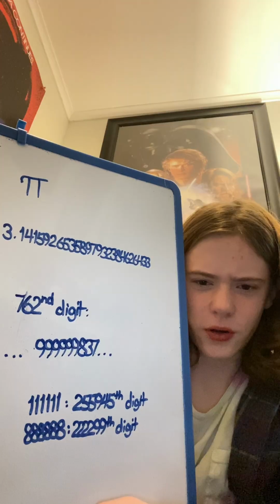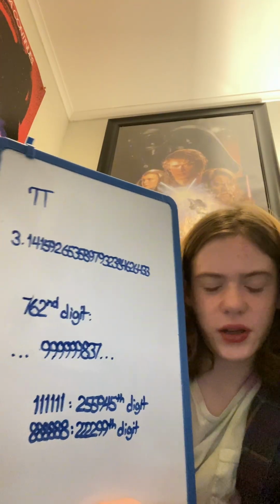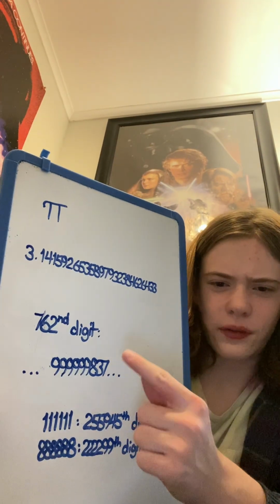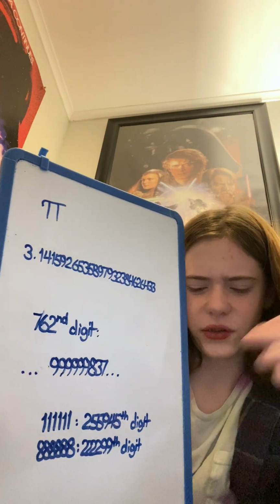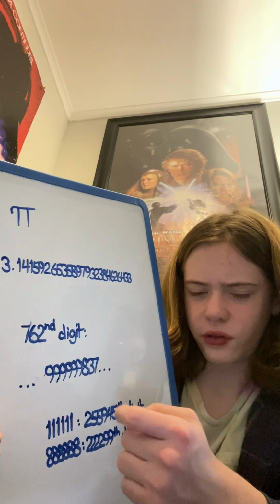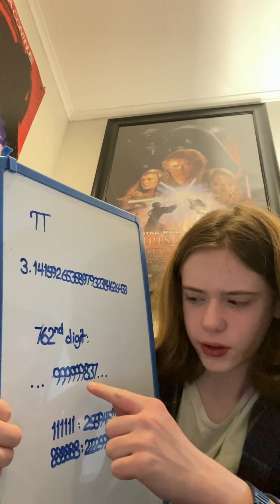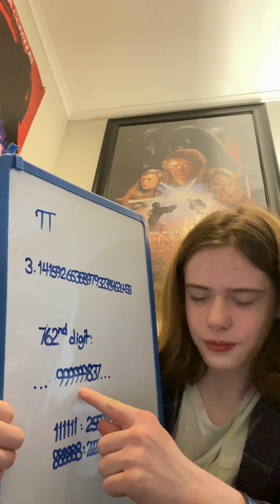Those are pretty big numbers, and that makes a lot of sense for these. But this one only occurs at the 762nd digit. Sorry, they sound a little bit similar. It does, however, end at the 767th digit right here. That's pretty weird.